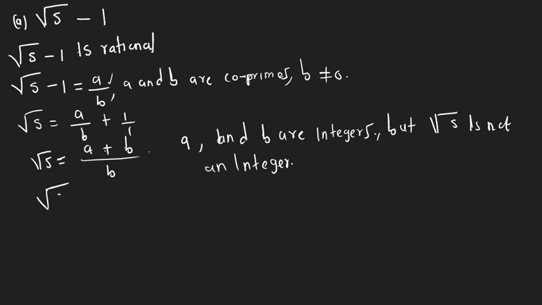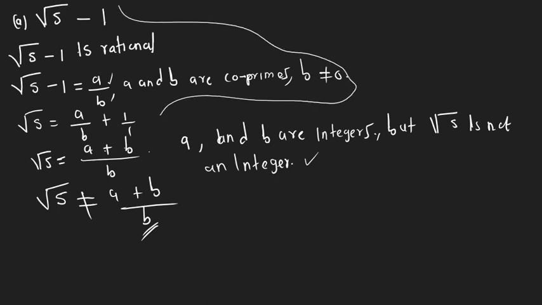Henceforth, root of 5 is not equal to a plus b over b. This one you don't even have to go any further. You solve it like this and you get the final answer, provided you are able to explain on the other side using word sentences. Some of you just write this, they will mark you wrong if you can't explain what you're doing. Put these explanations also.